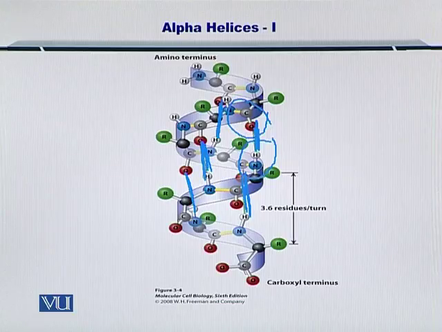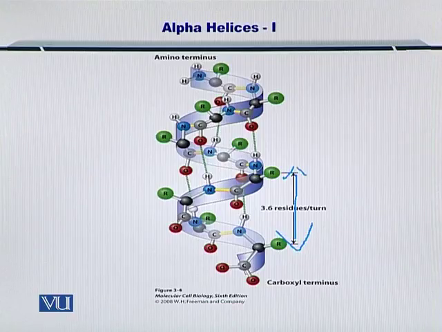An important point to note is that this repetition occurs exactly 3.6 residues per turn. This is an indication that after every 4th amino terminal, the carboxyl group makes a hydrogen bond with that N terminal and therefore contributes to the formation of the helix.